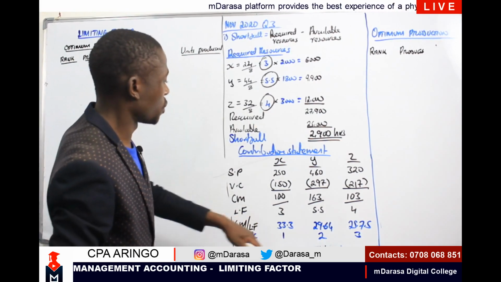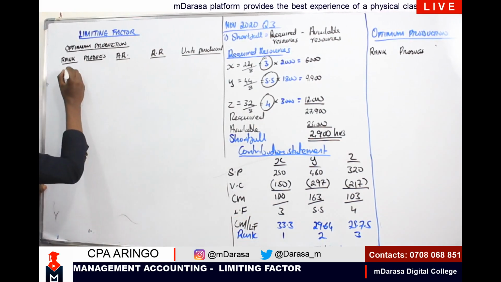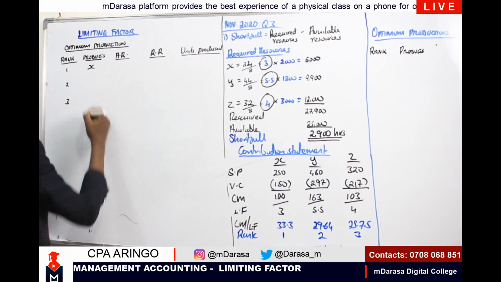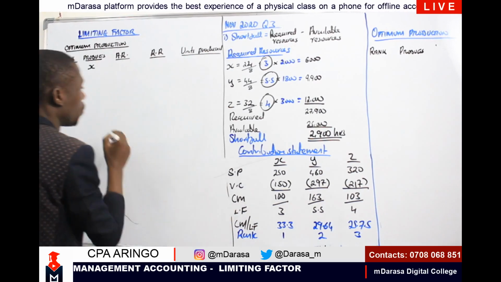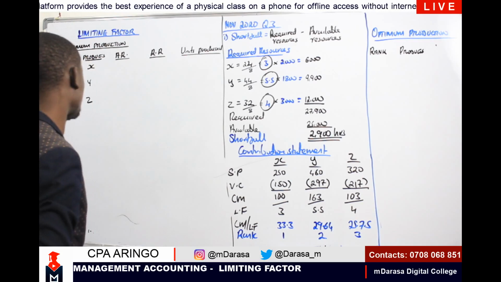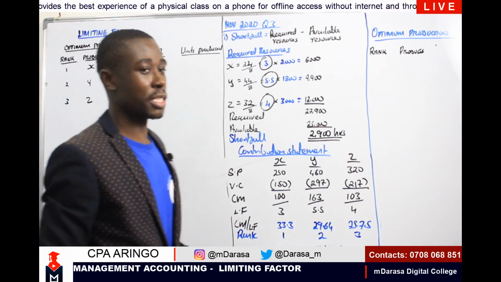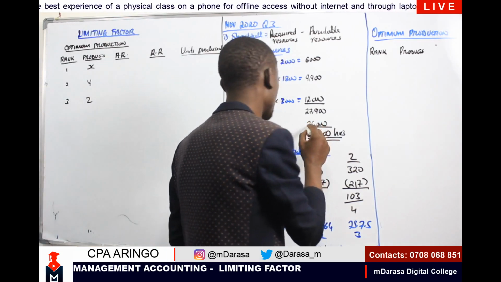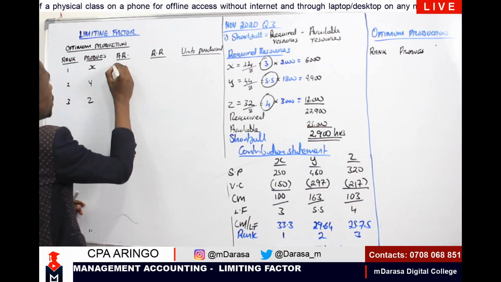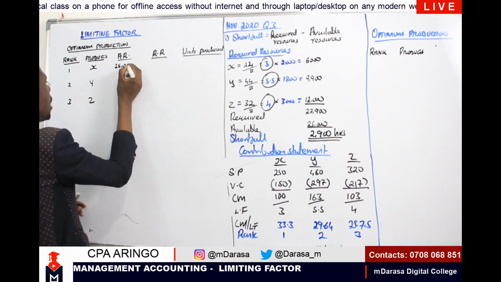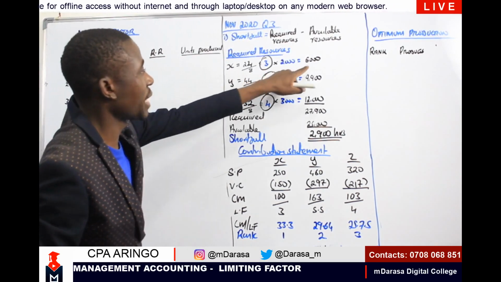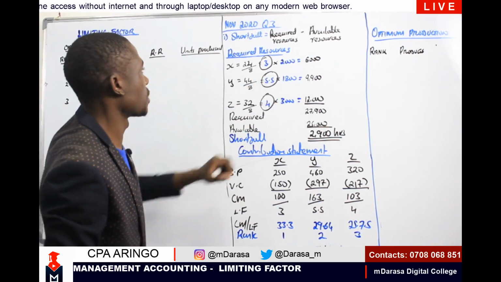Number one, we saw it was X, then Y and Z. Available resources: you can clearly see that the company had 25,000 hours. For us to produce the maximum of X, we required how many hours? 6,000 hours.